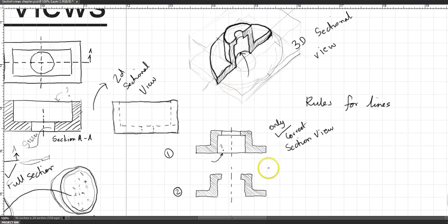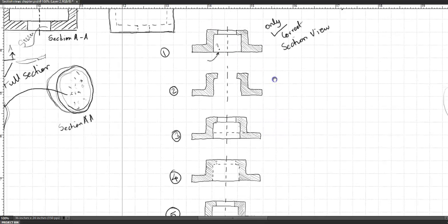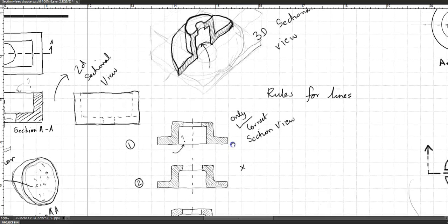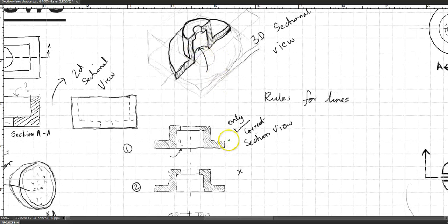Now let's go to the next one. Now you tell me, why is this wrong? Just looking at that, we can see that these visible lines are not shown. And if these visible lines are not shown, then that means it's wrong.